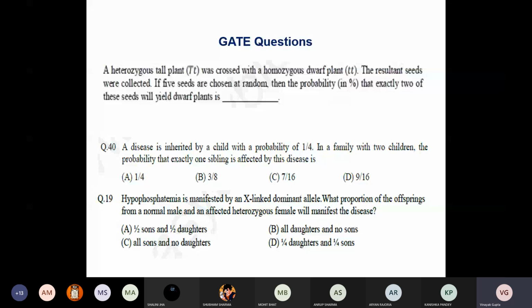Second one, 3/8. Second one, 3 by 8. Yes, right answer.